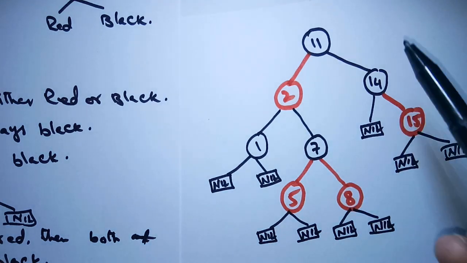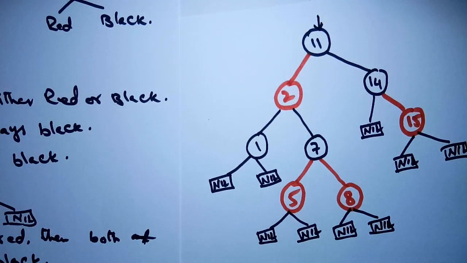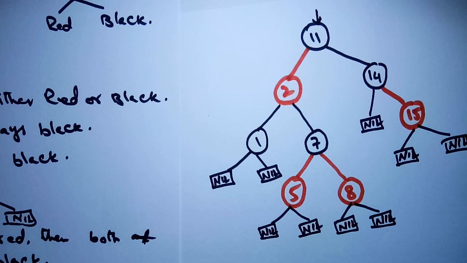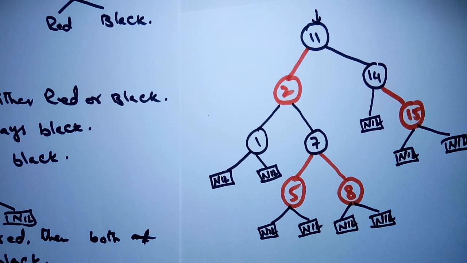The root is always black. So this is the root, and the color of the root is black. Okay, the leaf nodes are black. So the nil nodes are black. We already know that all the leaf nodes are black. The fourth point is, if a node is red, then both of the children are black.